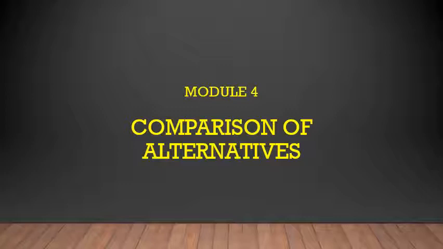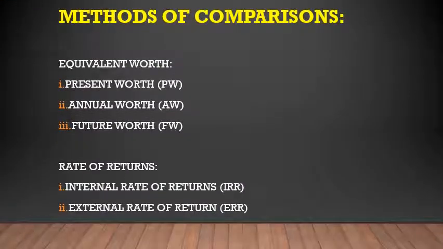There are four methods of comparison: present worth, future worth, annual worth, and internal rate of return. In the first method, we normally go with the present worth comparison. In this comparison of alternatives, we compare the alternatives based on the present worth.